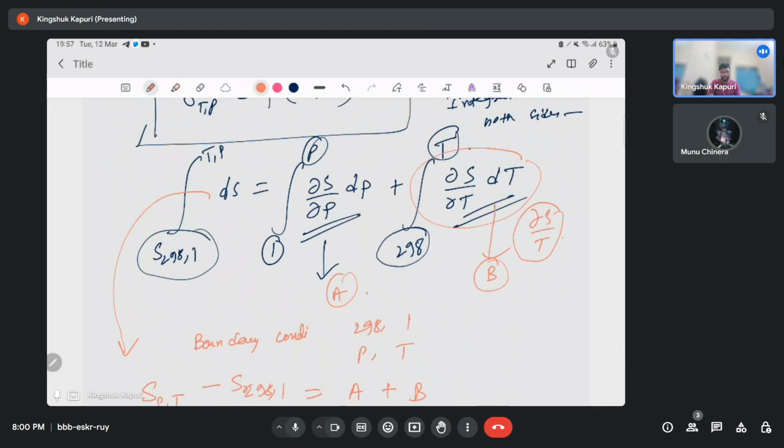When your entropy is changing with respect to pressure, when you are talking about pressure, then there is a volume change, right? There is a change in volume. And the amount that our volume has changed, we generally introduce a term called a coefficient. It is related to thermal expansion.